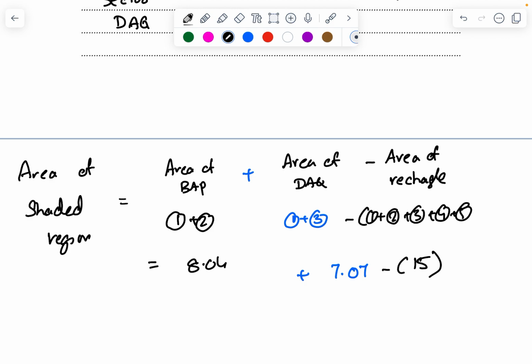So 1, 2, 3 are gone and 1 is left over, which I wanted. But 4 and 5 are getting subtracted.